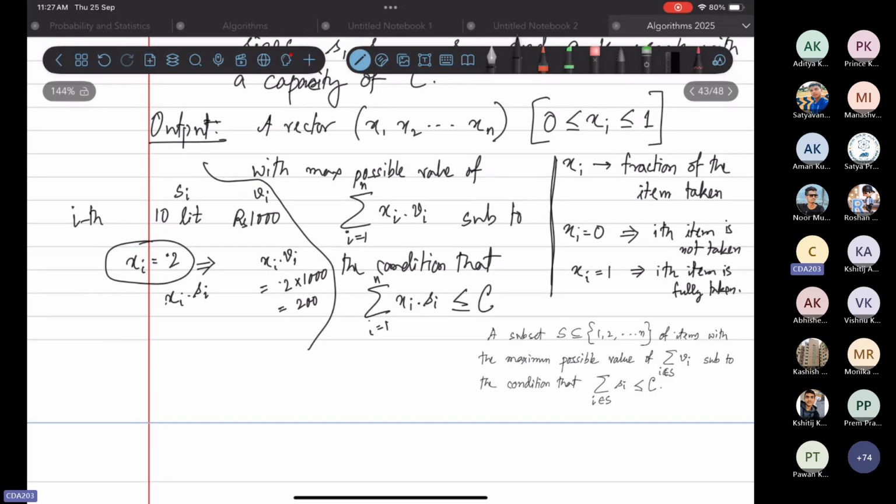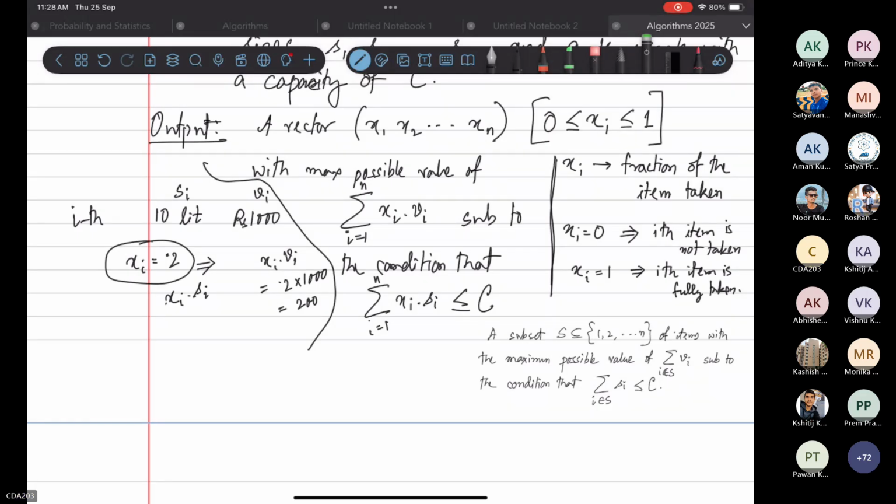Okay, so again here it's something similar to what we did before. The items that I'm choosing are also contributing the whole thing, vi. But now we can take some fraction of it, and I have to therefore multiply that fraction with vi, and that will indicate the contribution of that xi fraction to the value.